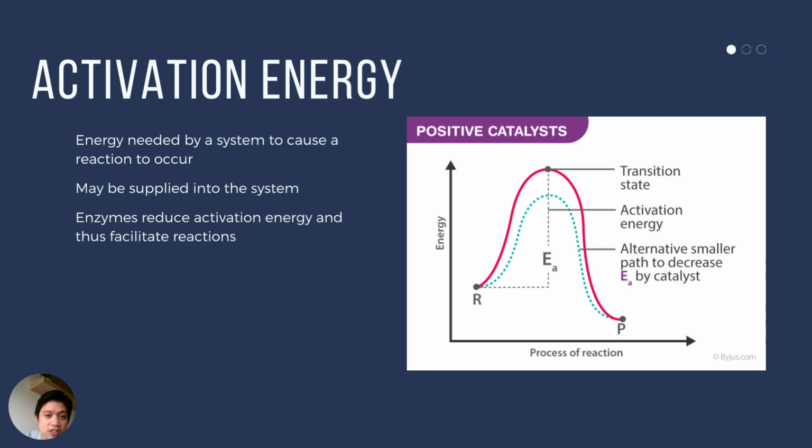R needs to go into the transition state, and it needs to absorb enough energy to go into that high energy state. And that amount of energy is what we call activation energy. R needs to absorb so much energy so that it moves faster, so that chemical reactions will occur more often.